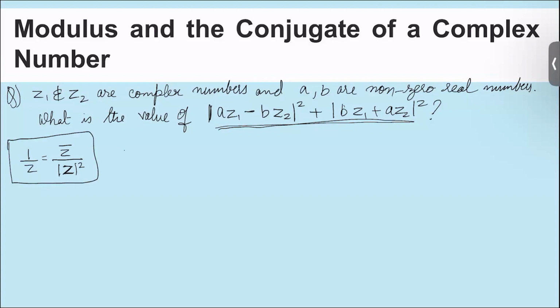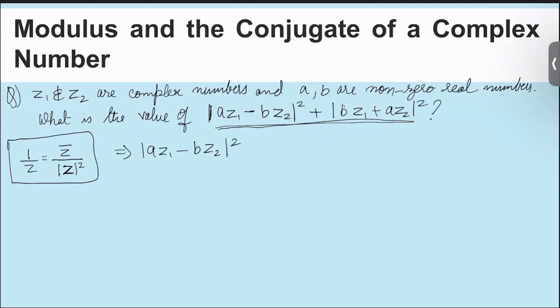So now you have been given a z1 minus b z2 the whole squared modulus, plus b z1 plus a z2 the whole squared modulus. Now consider this entire bracket as one complex number z.